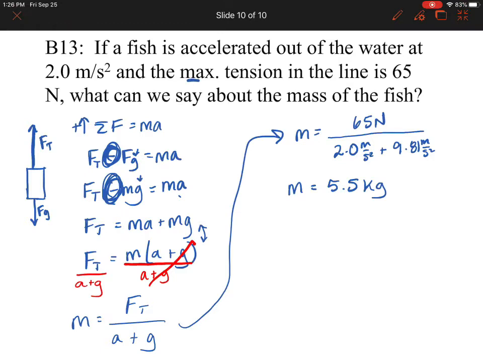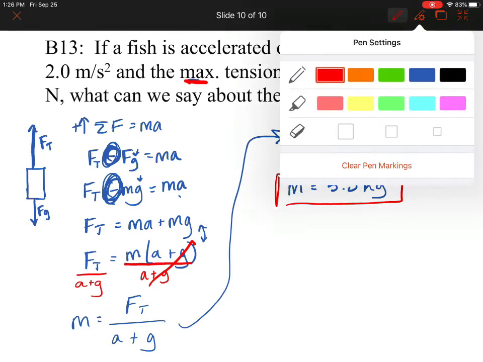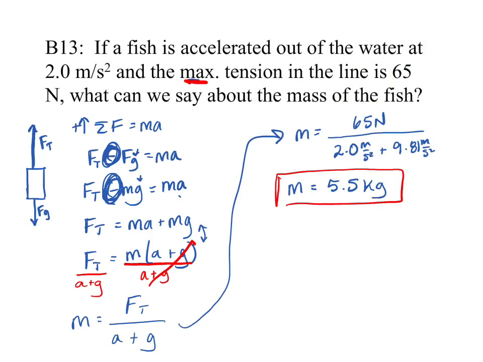There we go. So again, the question actually says, what can we say about the mass of the fish? Well, basically, since this is the maximum tension, this has to be the maximum mass. So we can say that you can catch any fish that's 5.5 kilograms or less, okay?